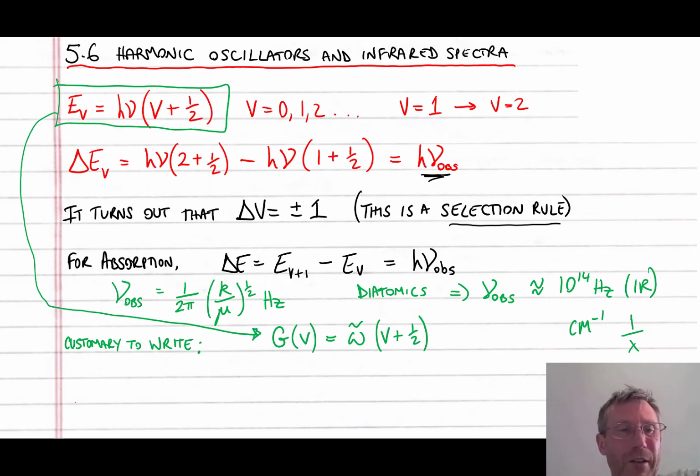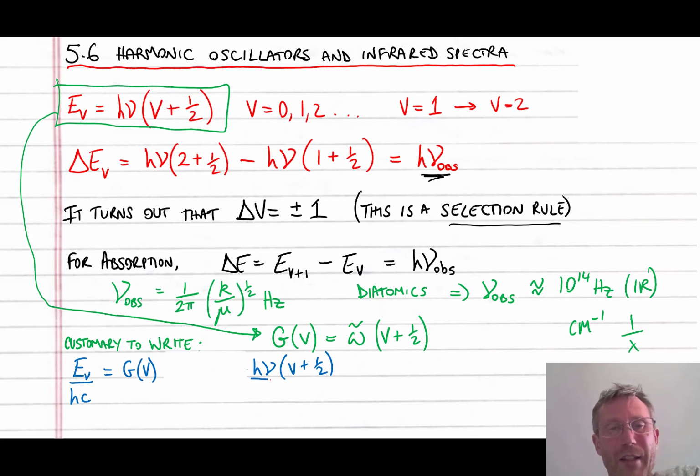But what we should recognize here is that E sub V over hc is what we are going to say is equal to this G of V term. So we're going to divide the EV expression, EV equals h nu times (V plus 1/2), by hc.